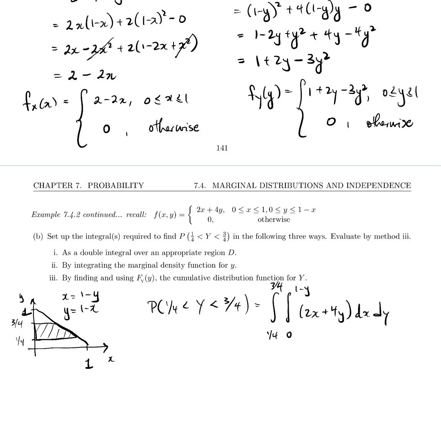So that is the answer to number 1, but I want to take a second here and take a look at that inner integral.